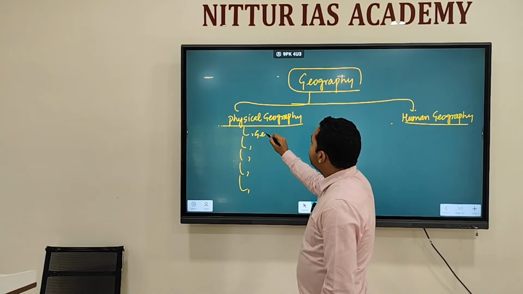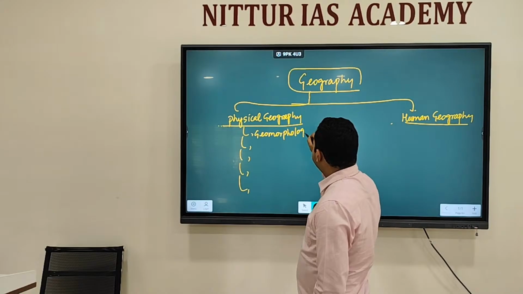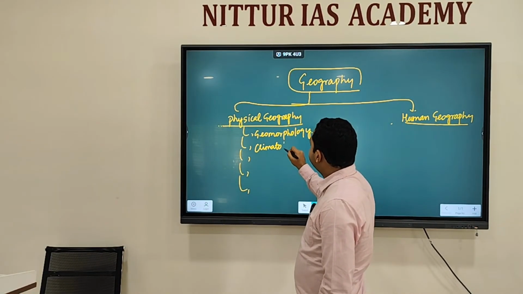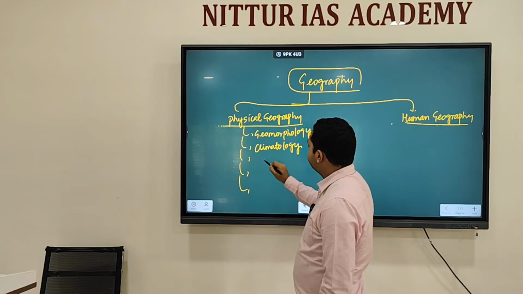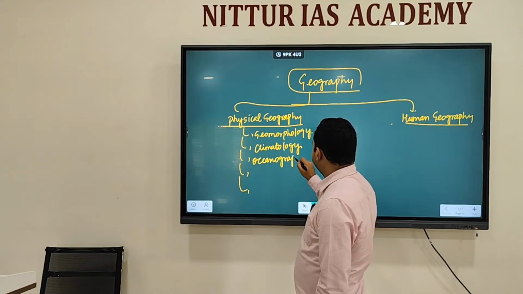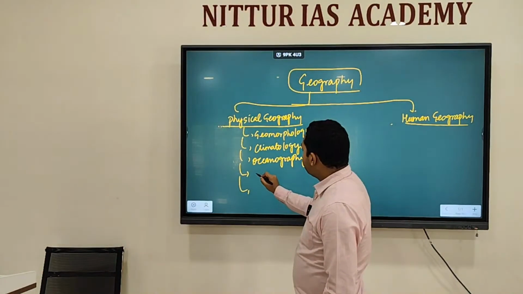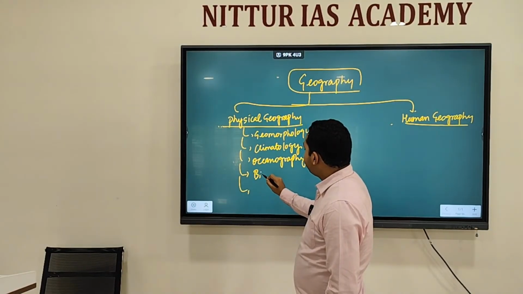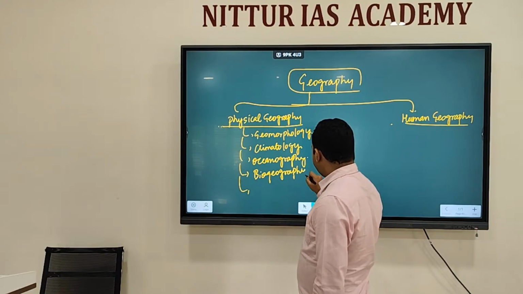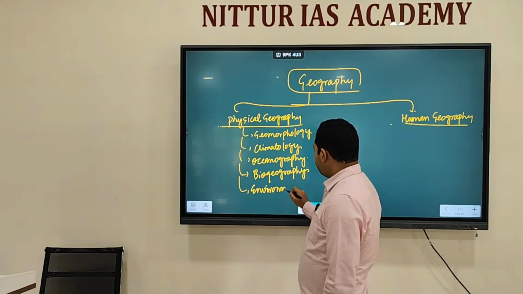One is called geomorphology. Second is climatology, third is oceanography, the fourth thing that you need to study is biogeography, and fifth is environmental geography.